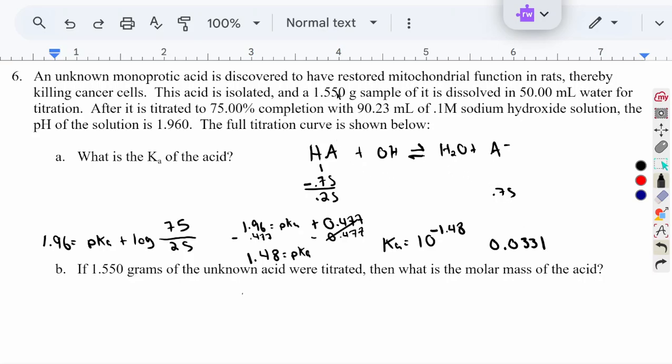I've got 4 significant figures everywhere, so I'm going to put 4 significant figures. I could also write this as 3.311 times 10 to the negative 2. That's my Ka value there.